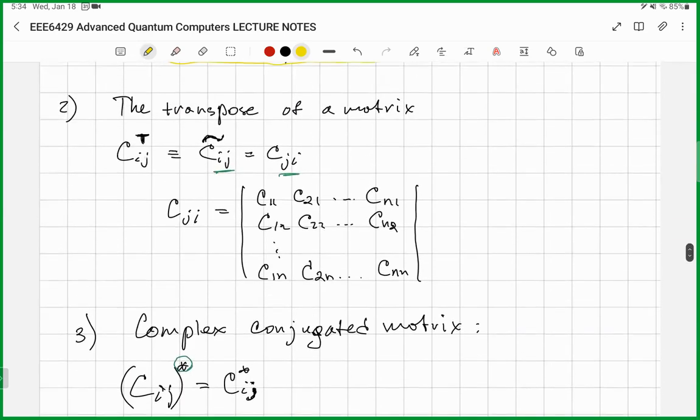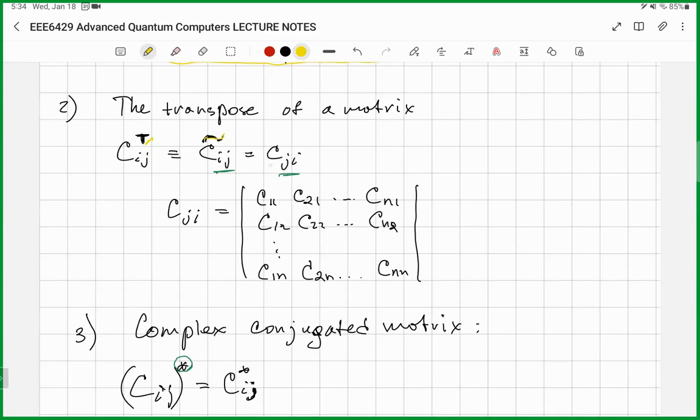And we denote this operation by a small t here, or a tilde over the matrix. And in the language of indexes, this operation corresponds to exchange of the indexes here.